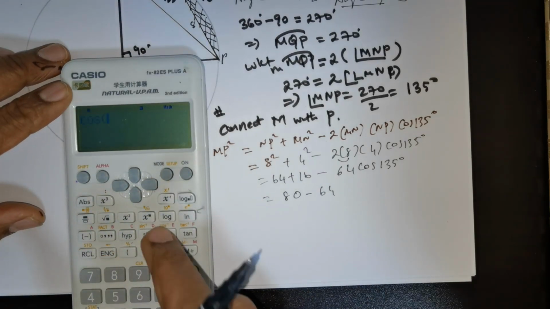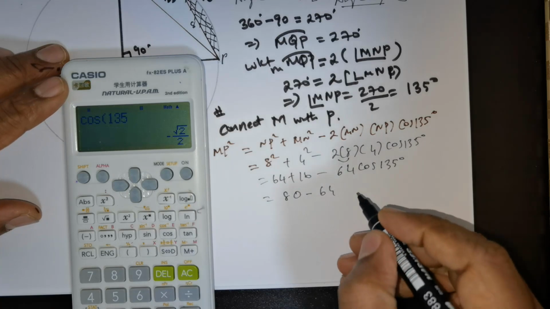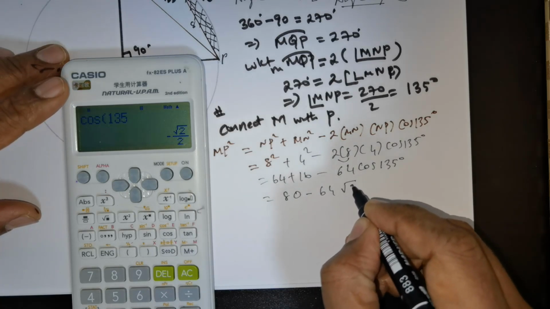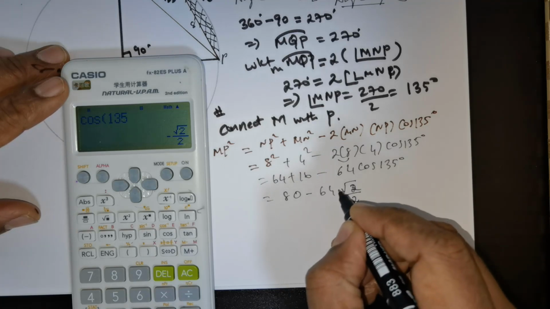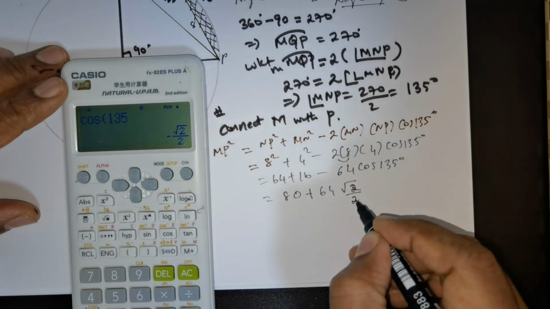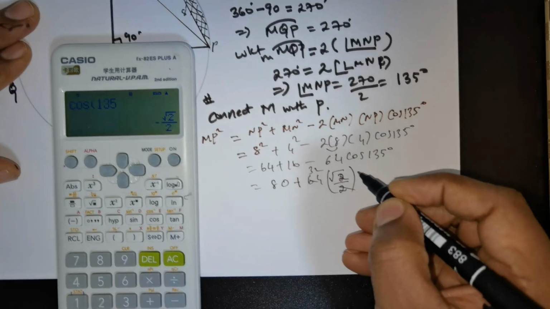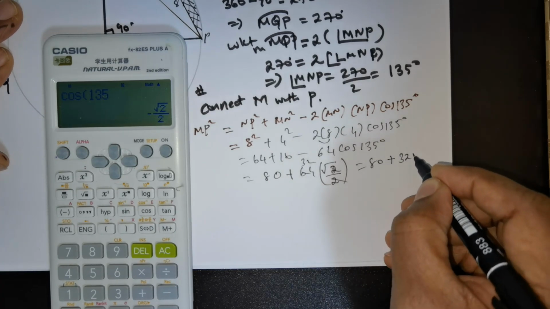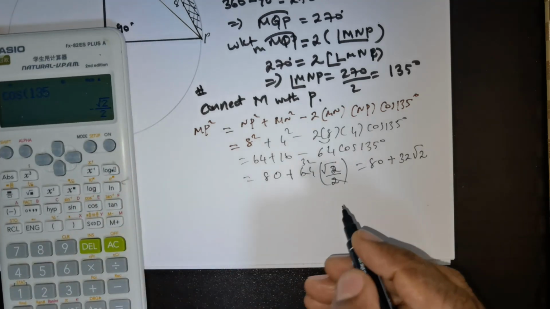Cosine of 135 is negative root of 2 over 2, with a negative sign, so that means this will become positive. So 2 divides into 64 thirty-two times, so you have 80 plus 32 times root of 2, right? So this is what you've got.